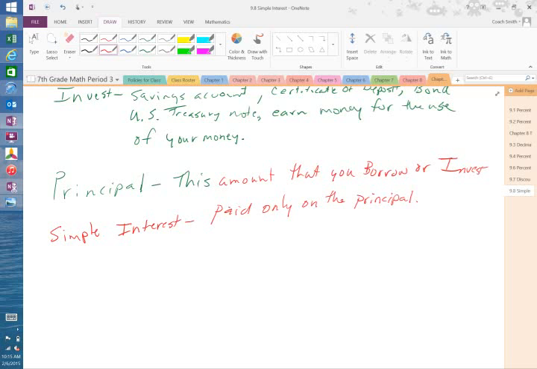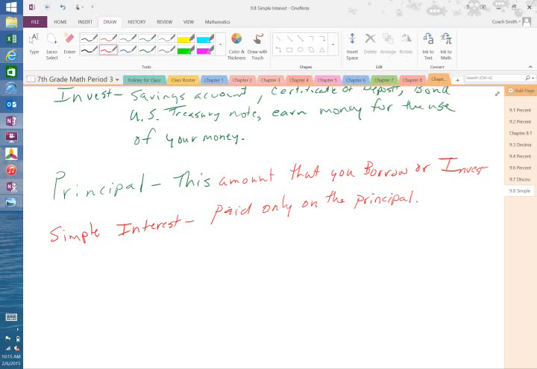In compound interest, you're going to have the $1,000. Then at the end of year one, you're going to have $1,000 plus the 100, so that'd be $1,100. So compound interest would now take that $1,100 and give you 10% on it. And so that second year you would gain $110.